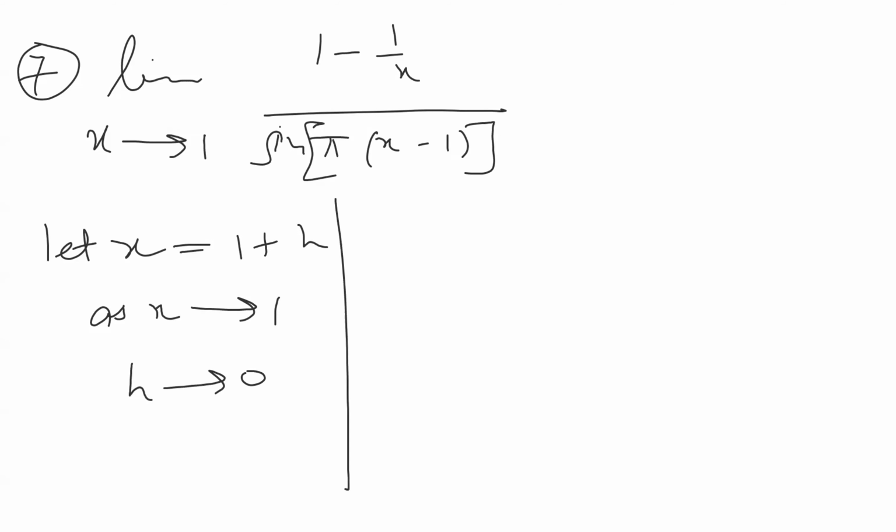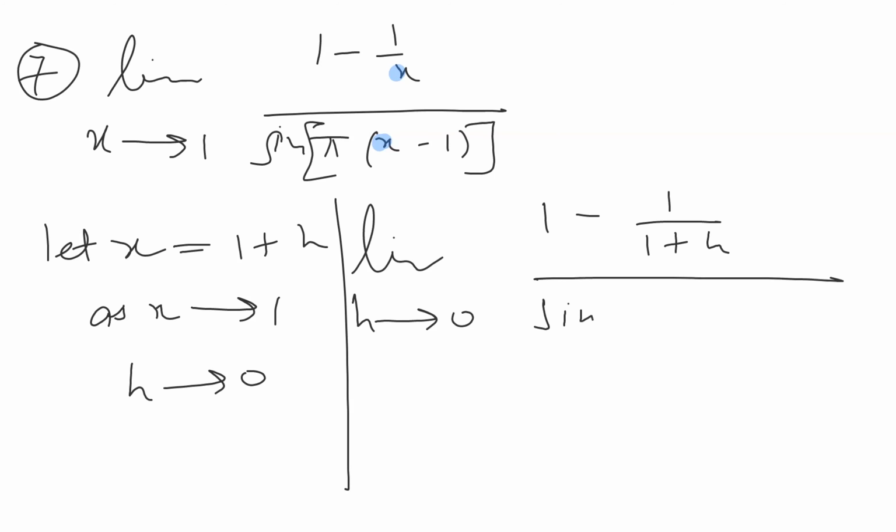So this is limit h approaching 0. See, when x is becoming 1, 1 and 1 will get cancelled, h will be 0. So wherever there is x, I'm putting 1 plus h. 1 minus 1 upon 1 plus h, sine pi into 1 plus h minus 1.